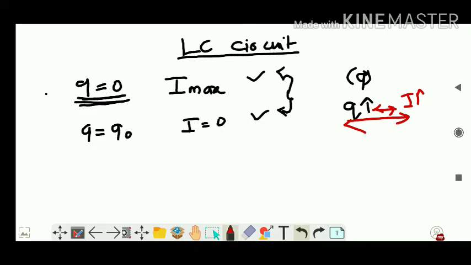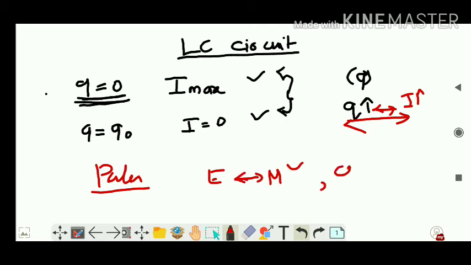When we consider a pure LC circuit, for infinite time, the energy oscillates between electric as well as magnetic form. Since this is oscillating between electric and magnetic form, the energy is always conserved.